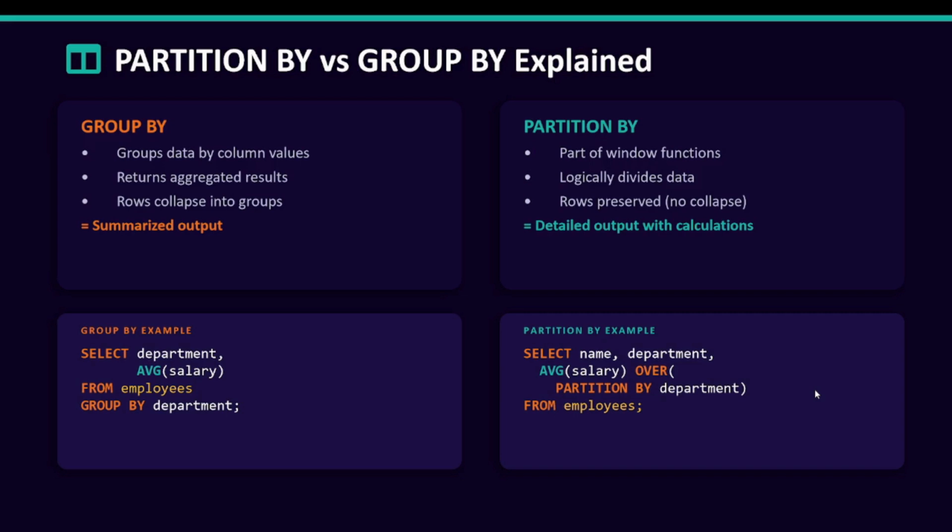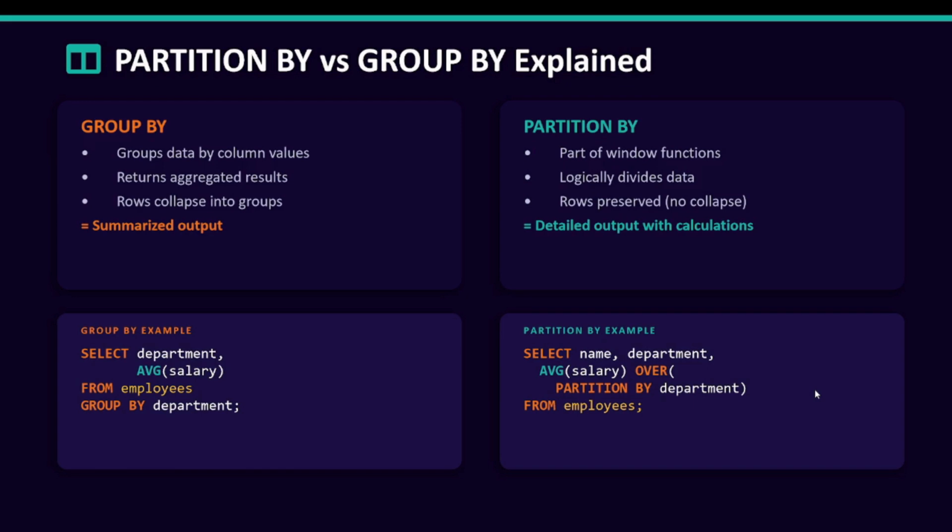Now let's talk about partition by, which is a completely different beast. Partition by is used as part of window functions in SQL, functions that perform calculations across a set of rows that are related to the current row. The critical difference is that partition by does not collapse your rows.